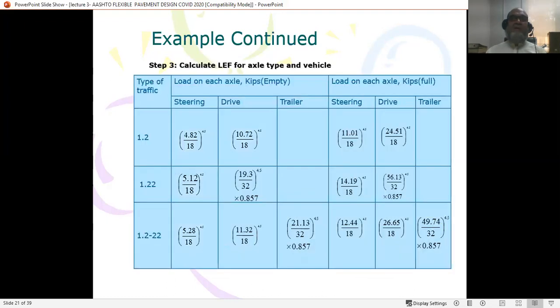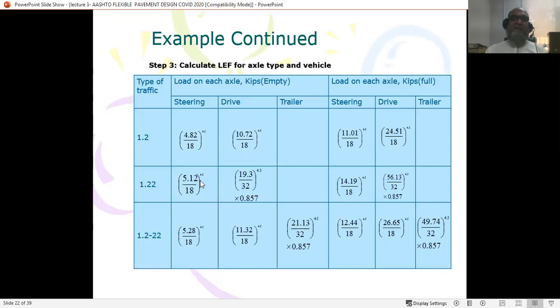Now what you do is calculate the load equivalence factor. As I've said, 4.82 divided by 18, 4.5. 10.72 divided by 18, 4.5, because both of them are single axle. This is empty condition, this is a loaded condition.